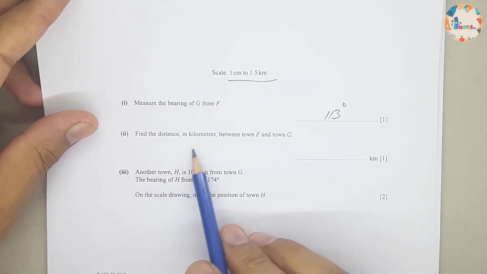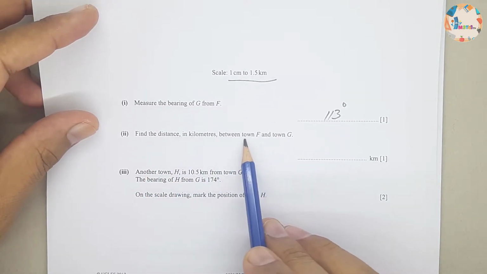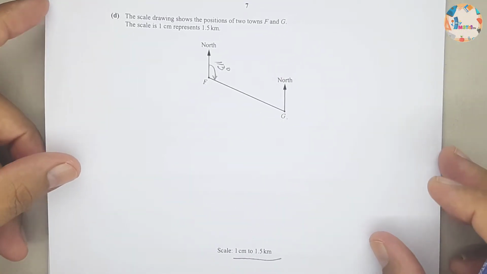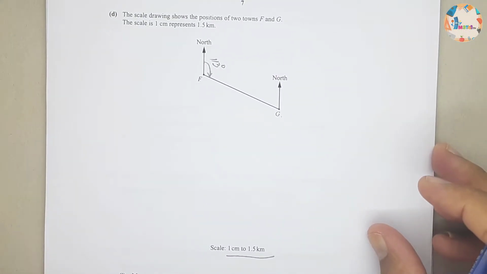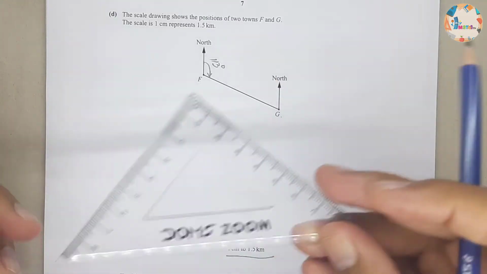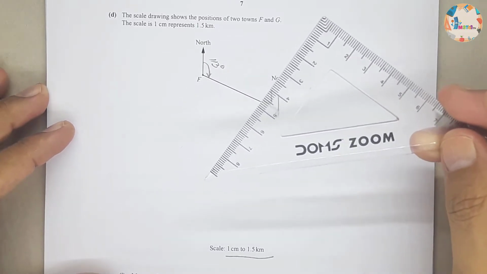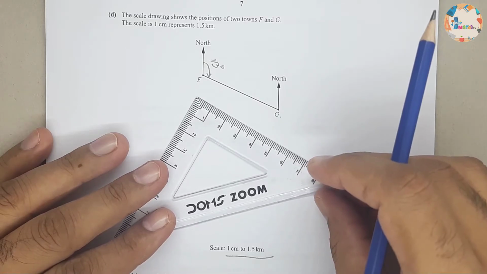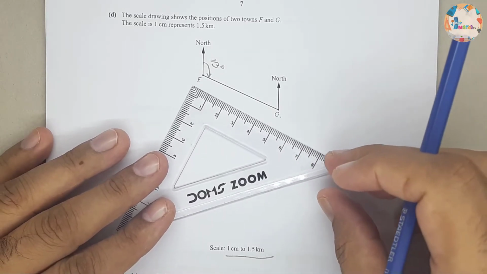Then find the distance in kilometers between town F and G. So distance we have to find between town F and G. Before measuring the distance, I just want to tell you that this is a published paper, and the paper given in exam to the students is a little larger in size.